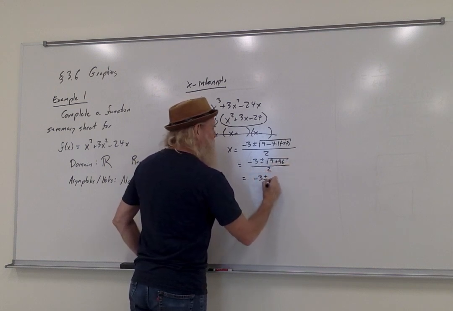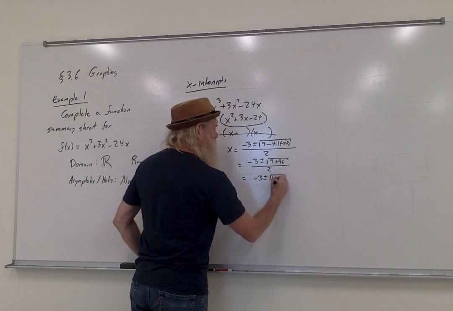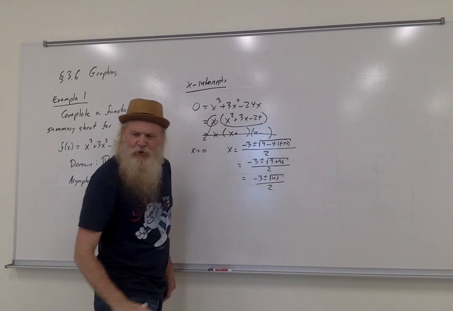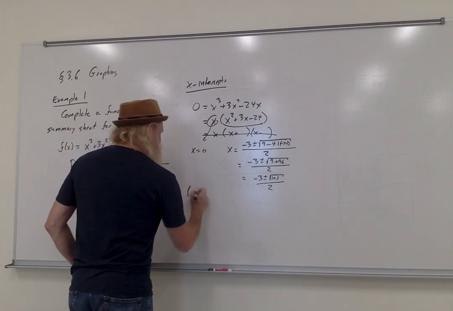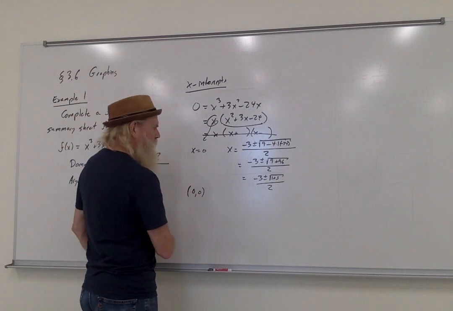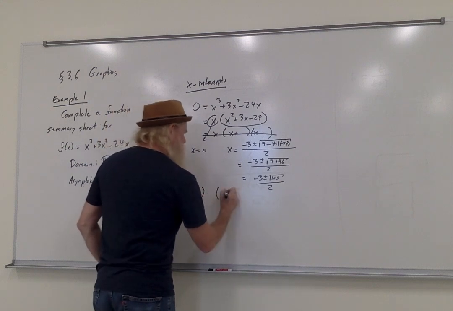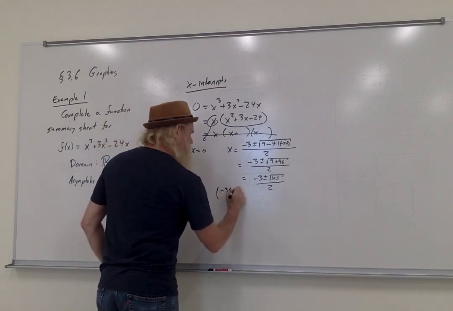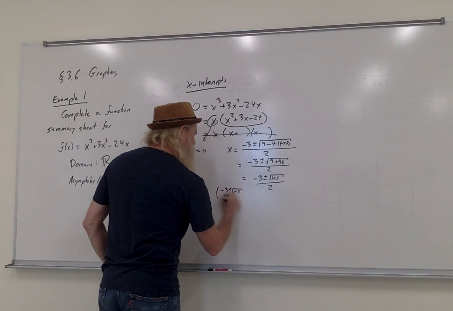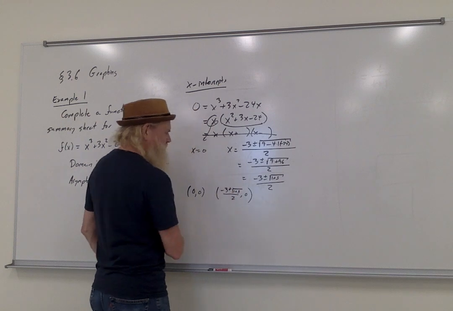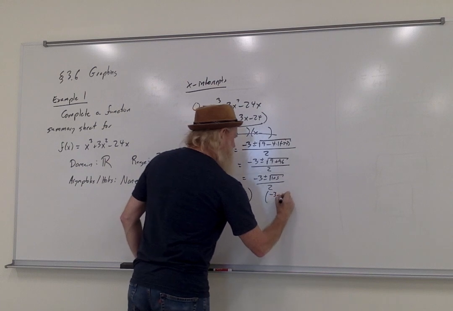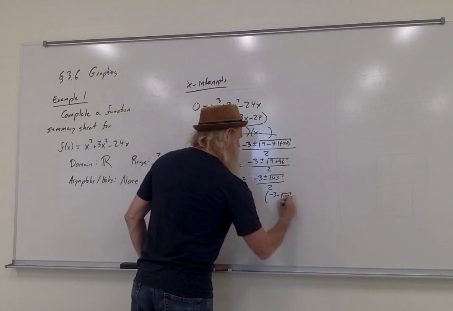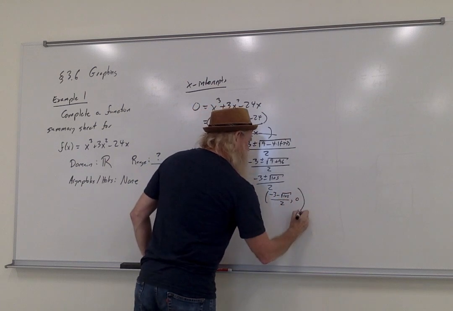So negative 3 plus or minus the square root of 105 over 2. Our x-intercepts will have 3 of them. One is 0, 0. One is negative 3 plus the square root of 105 over 2, comma 0. And the last one is negative 3 minus the square root of 105 over 2, comma 0.